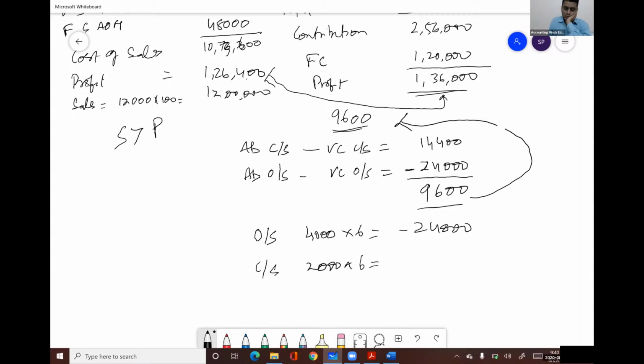Fixed cost, how much was that? No. This will work here. Material costs and other costs also changed, so this will not work. The material costs and all others change, but this is fair enough, right?